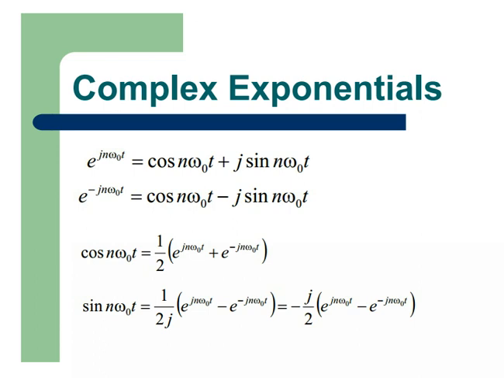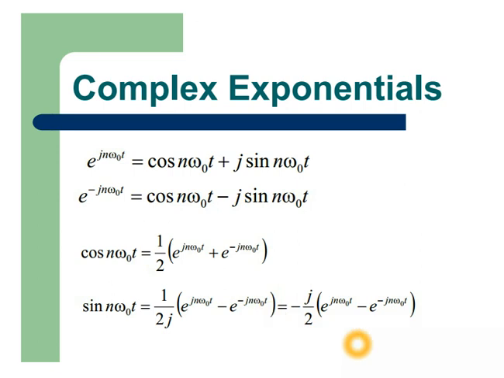Or we can write cos omega t as 1 by 2 of e raised to j omega t plus e raised to minus j omega t, and sine as 1 by 2j into e raised to j omega 0 t minus e raised to minus j omega 0 t.